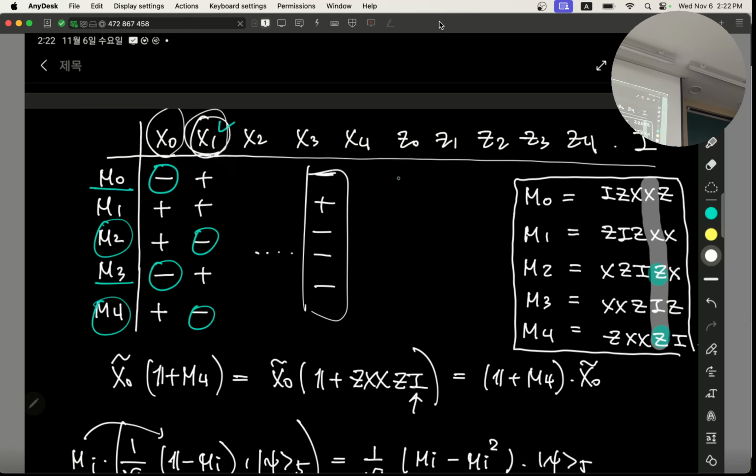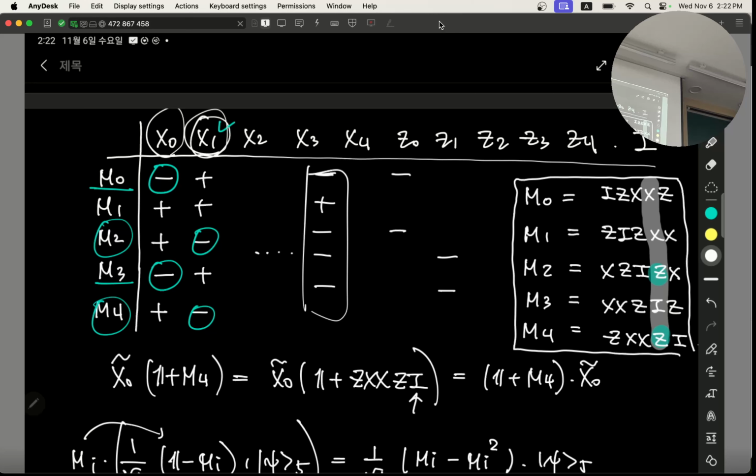For example, you could have a minus minus here and minus minus there. So you cannot tell which one is the actual error. So this code can only detect one error among X or Z errors, not independently. Combining all the errors, including X and Z, it can only detect one error at one qubit location.